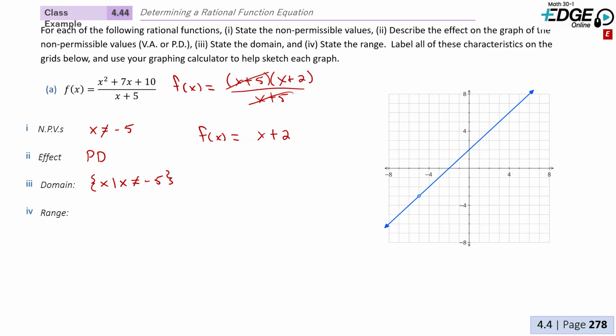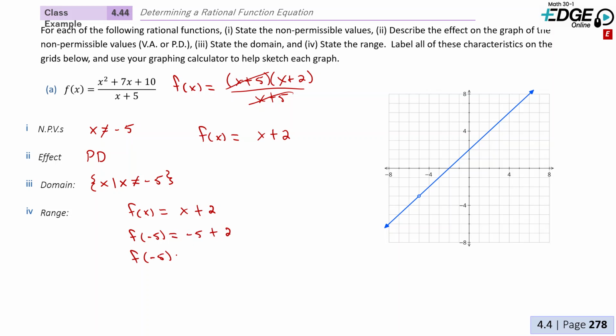So let's do that. With the simplified expression, f of x is equal to x plus 2, what we're going to do here is sub in the non-permissible value, so negative 5. So f of negative 5 is equal to negative 5 plus 2.